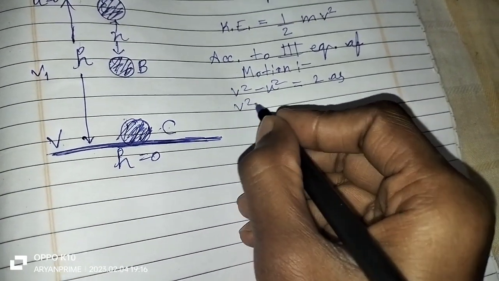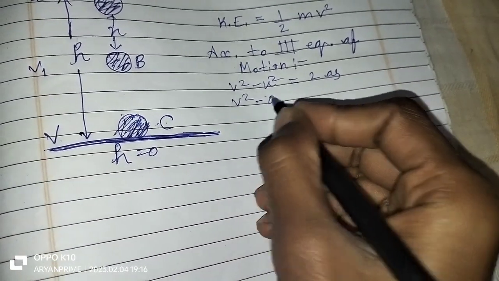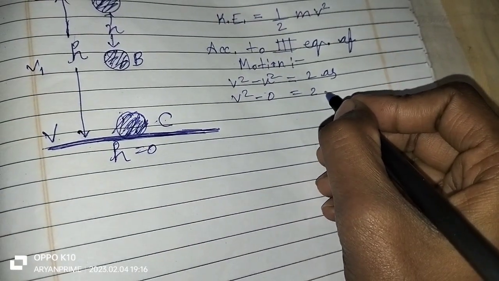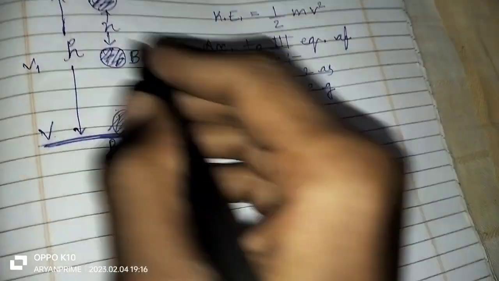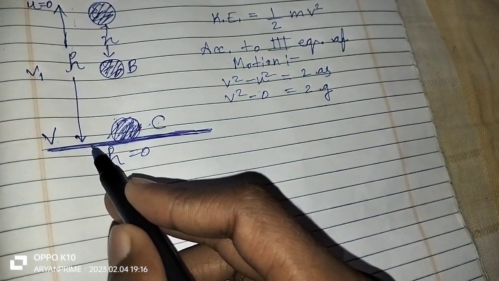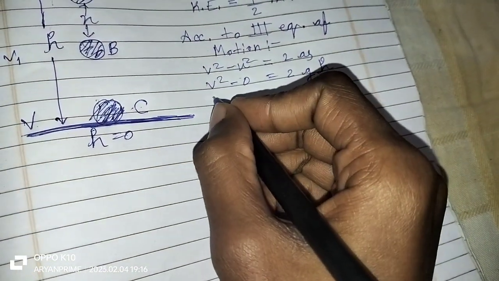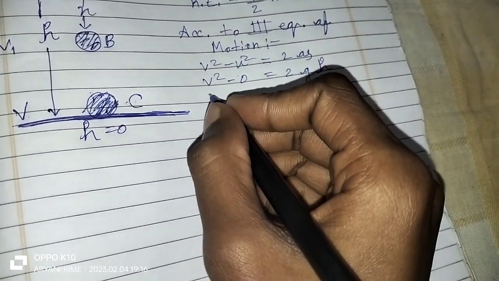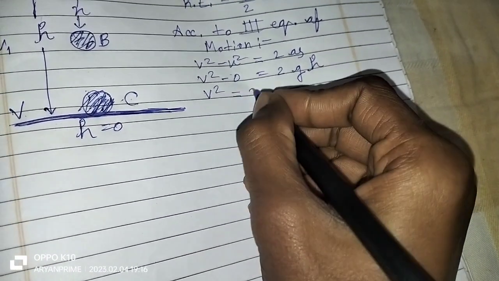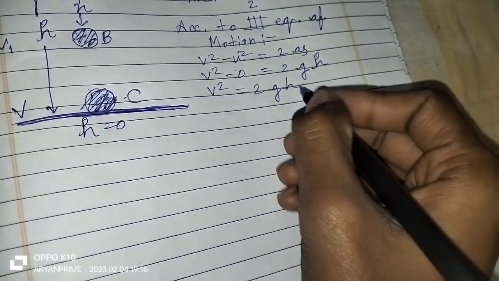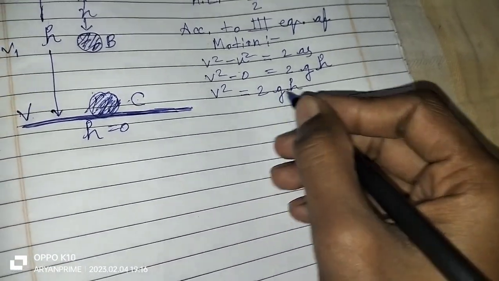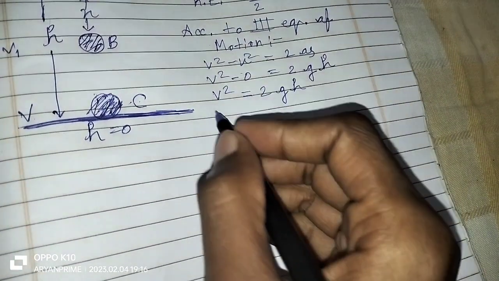So we put v square minus 0 square, 0 will be 0, and 2, and we write here g because it is falling under acceleration due to gravity, and s will become h because the object completed the whole height. So v square equals 2gh.